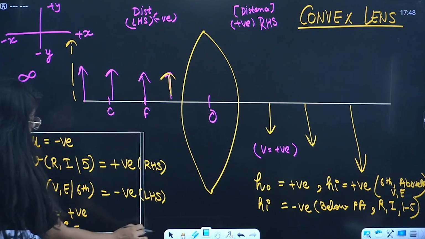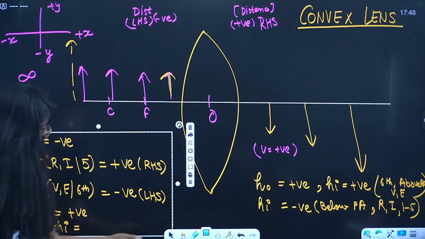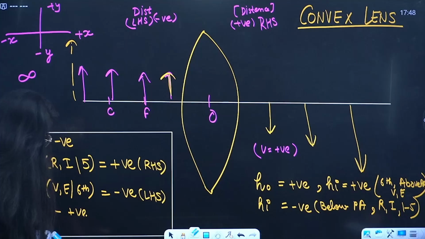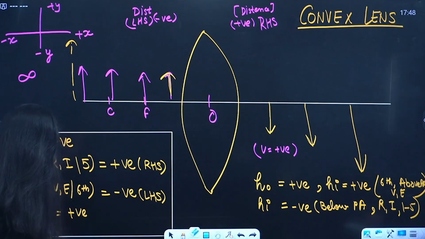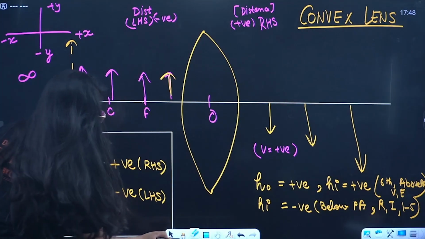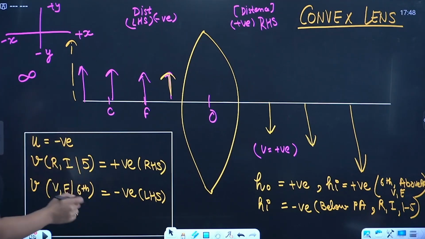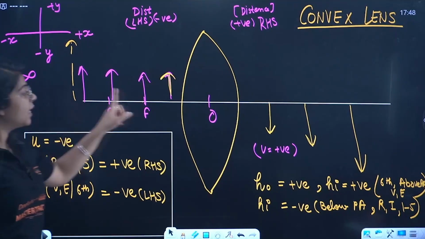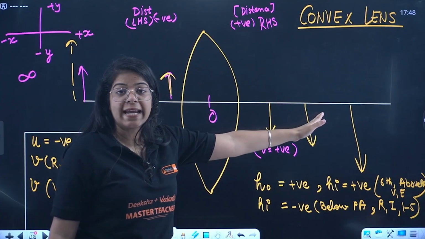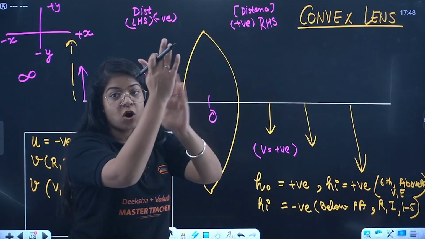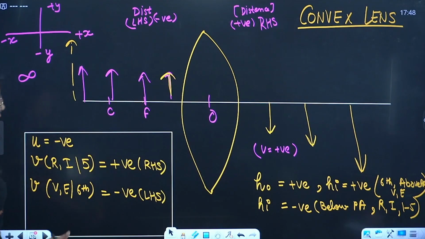Your object distance u is always negative. That you can remember every time. Now, image distance for real and inverted, it will be formed on the right hand side. That is, right hand side is positive.